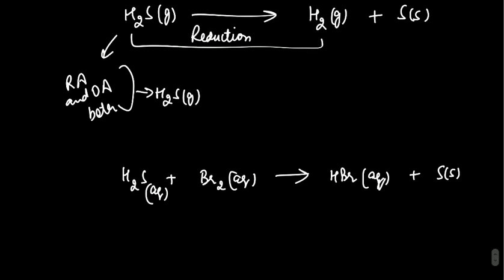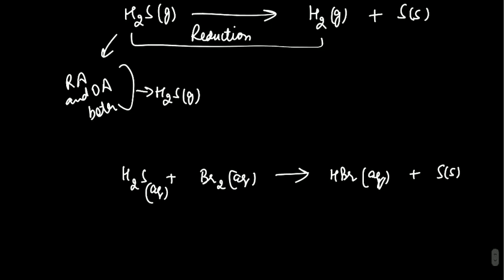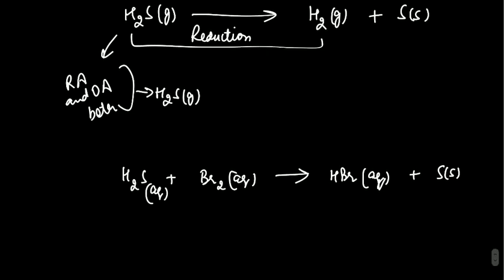There are multiple methods to understand redox reactions. One is oxidation number, which we will be discussing in the later courses. So this reaction: H2S reacting with bromine, an aqueous solution, giving us HBr, which is again aqueous, and sulfur in the solid state. We'll balance this first.